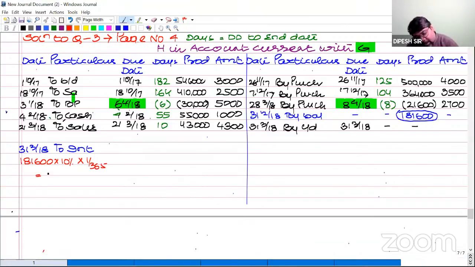Let's round it off to the nearest rupee because they have told. Otherwise, we would have taken 49.75. They have told round it off to the nearest rupee. So interest will come in the amount column, 50 rupees. Now balance will become 5650.